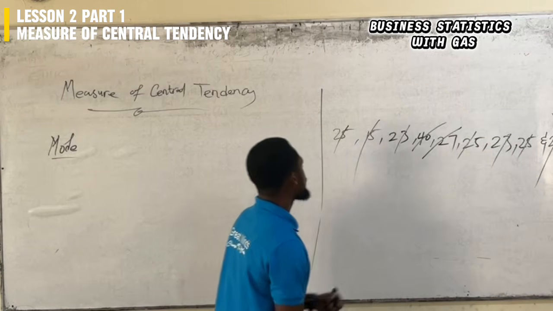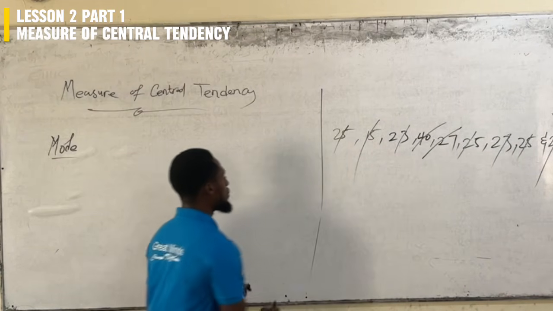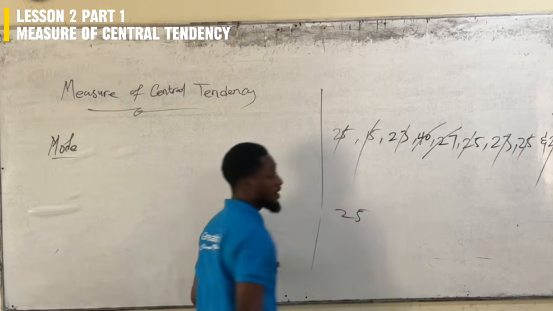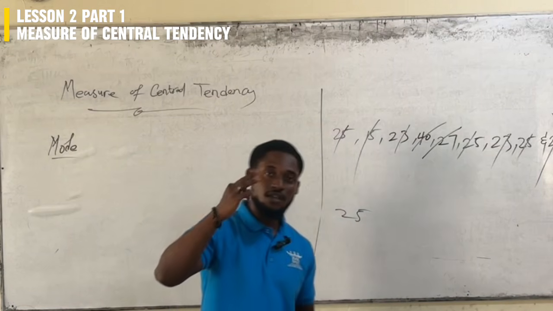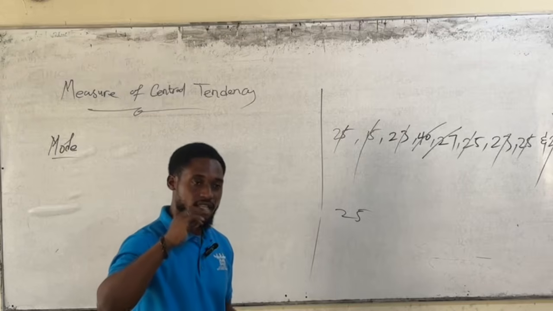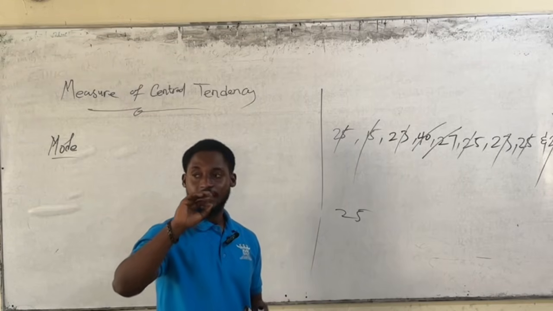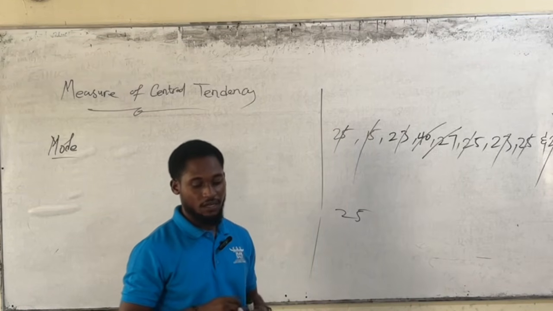So the mode here is 25, because it appeared 3 times and is the most occurring number.